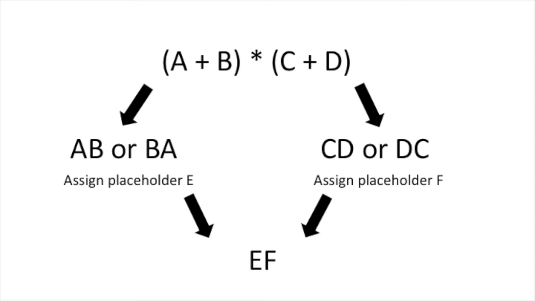The parts in the left set of parentheses could be assembled as AB or BA. Either way, let's give it the placeholder E. Similarly, C plus D could be CD or DC, and we'll give it the placeholder F. Since the parentheses are joined by an ordered join, the subparts must be assembled in the order EF, though the sequence of parts in those placeholders can vary.